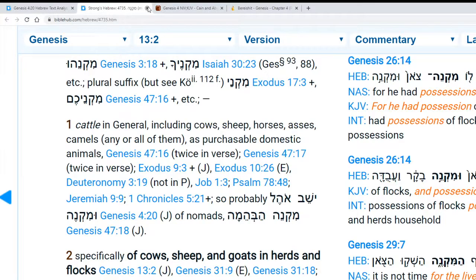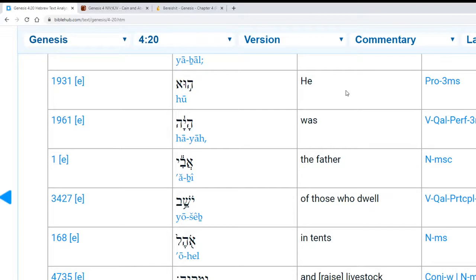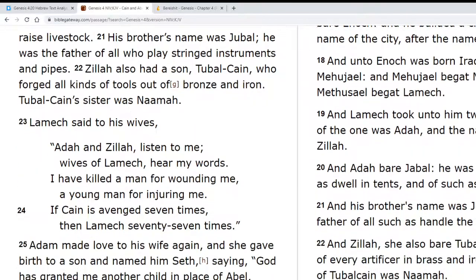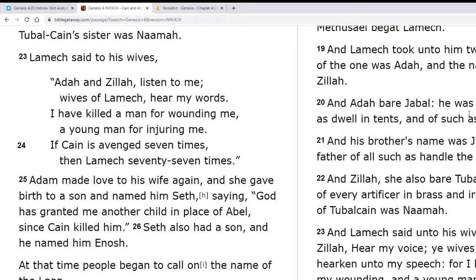And actually, Kayan, like we said, also comes from that, like we had in the previous verse. Umikne.